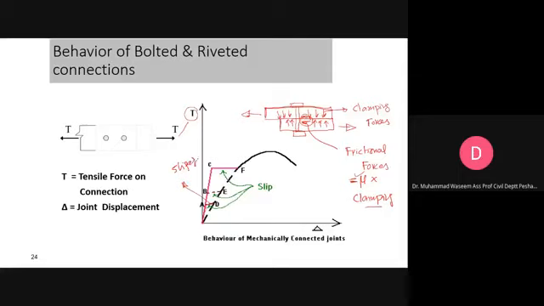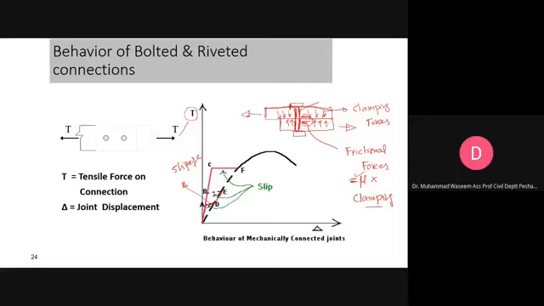Then this fastener comes into contact with the bolt hole surface. So it gets engaged at this surface with these plates. First there is a slippage, the force is resisted by the frictional forces, and then the load is resisted by this bearing action.